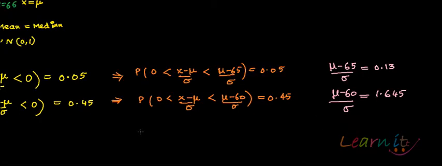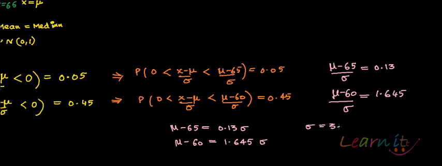Now these two are equations in two variables: mu minus 65 is equal to 0.13 sigma, and mu minus 60 is equal to 1.645 sigma. If you calculate it, you'll get sigma equal to 3.29 and mu equal to 65.42.